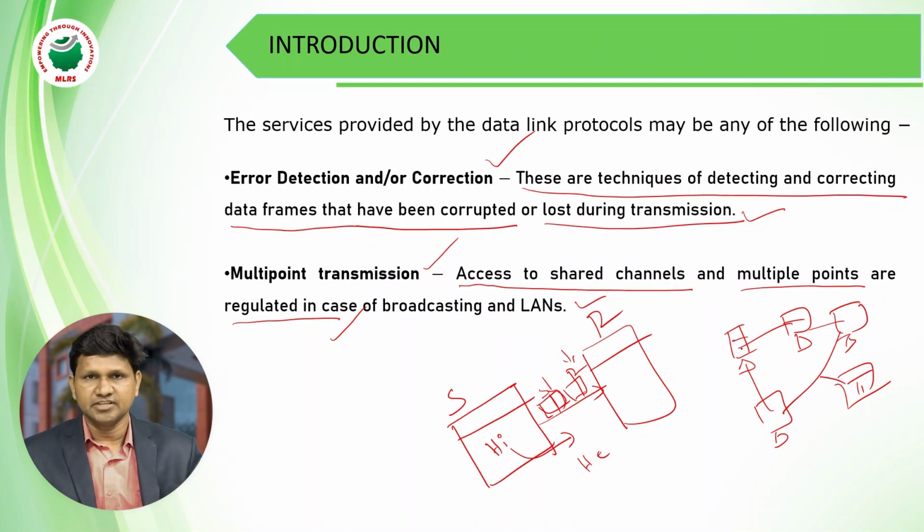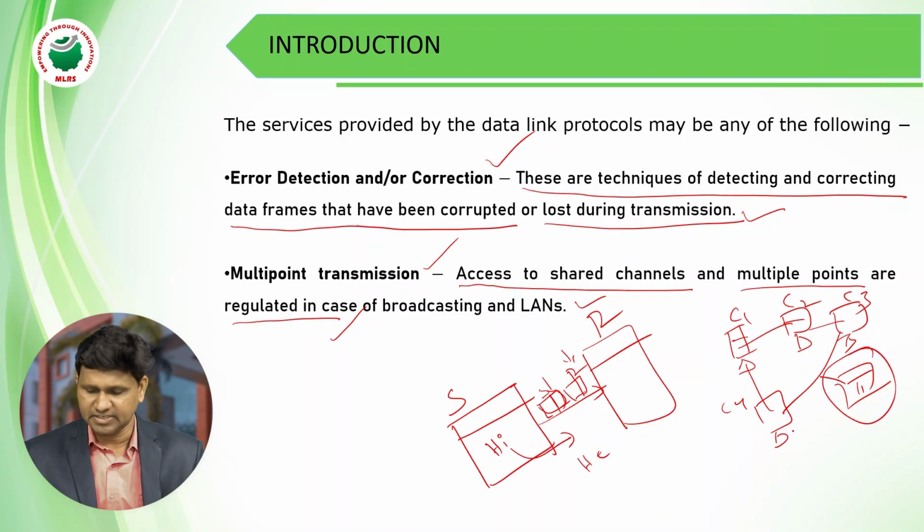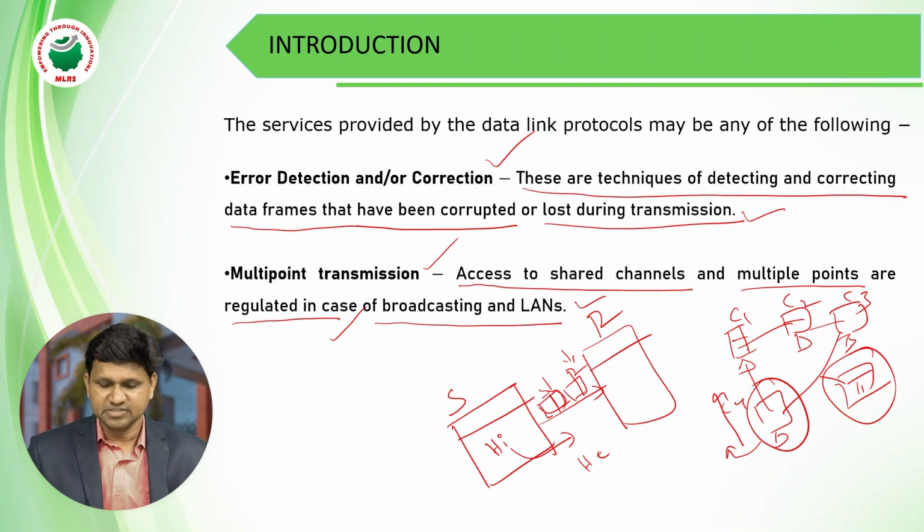Access to shared channels, for example channel 1, channel 2, channel 3, channel 4, and multi-points are also available. If there is a huge number of channels, obviously we have to install some servers or multi-points. So it is regulated in case of broadcasting and LANs. While transferring the data, if some data is missed on a channel, we can resend the data using another channel. That's the reason multi-point transmission is also important.